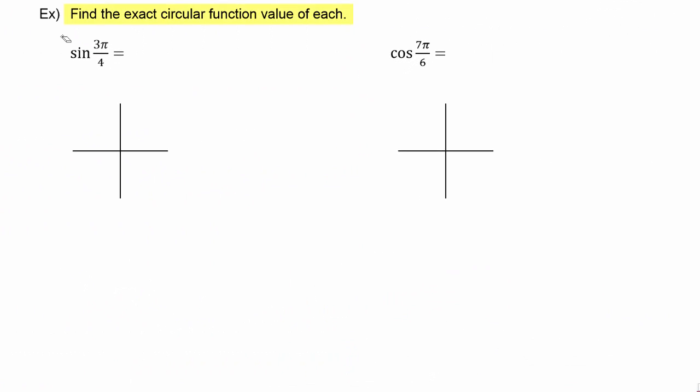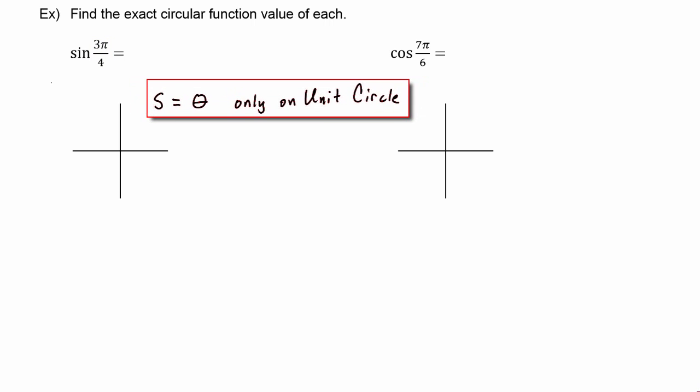In this example, we have to find the exact circular function value of each. The first problem is asking us to find the sine of 3 pi over 4. Now in this context, this of course is S equal to 3 pi over 4, but we know that S is numerically equivalent to theta.